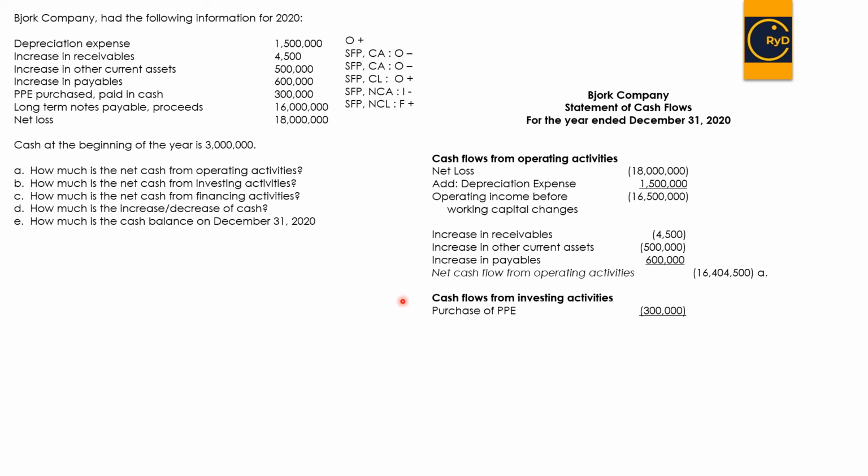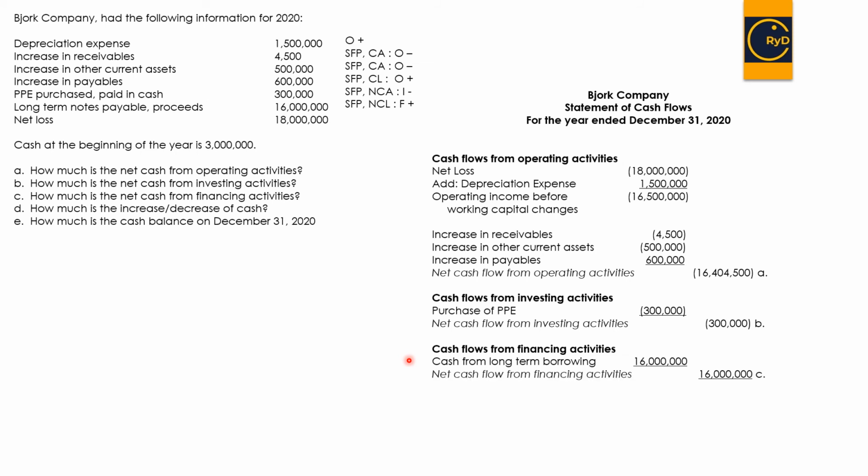Then we proceed to our cash flows from investing activities. So we have a purchase of PPE, a negative 300,000. So this is the same amount for our net cash flow from investing activity. Next, we have our cash flows from financing activities. So we have here our cash from our long-term borrowing at 16 million.